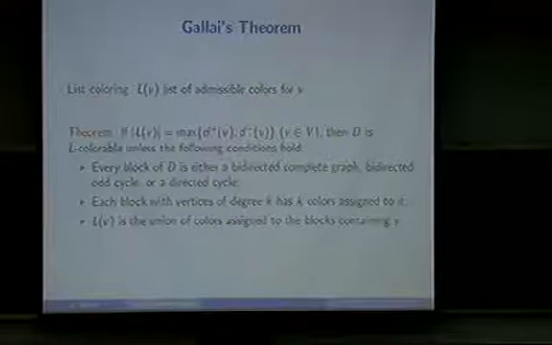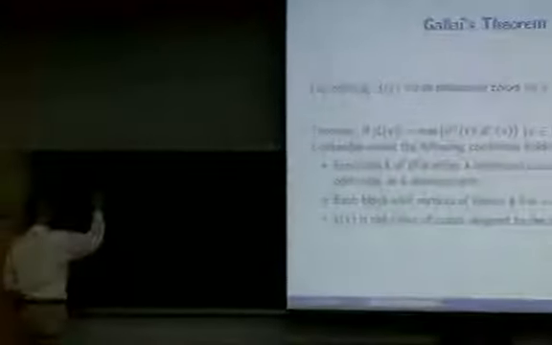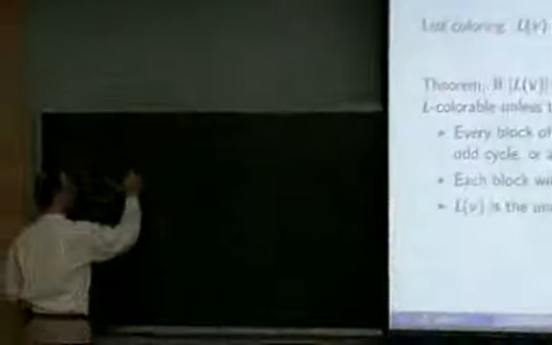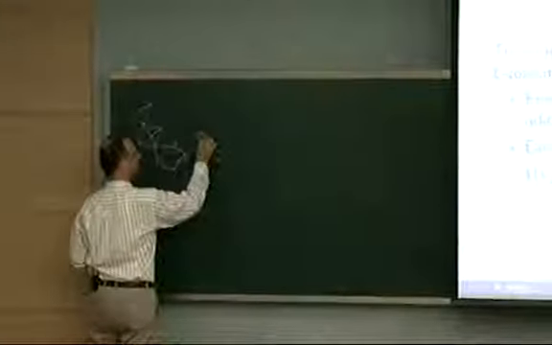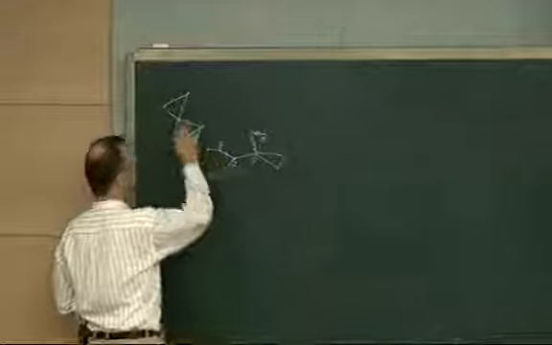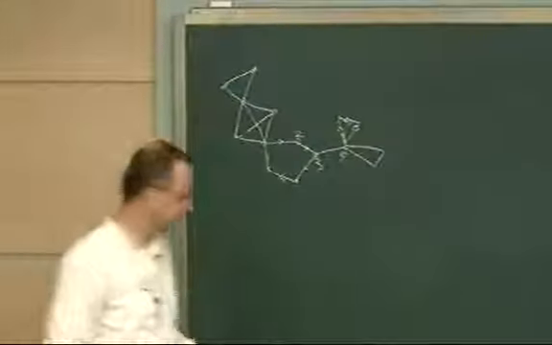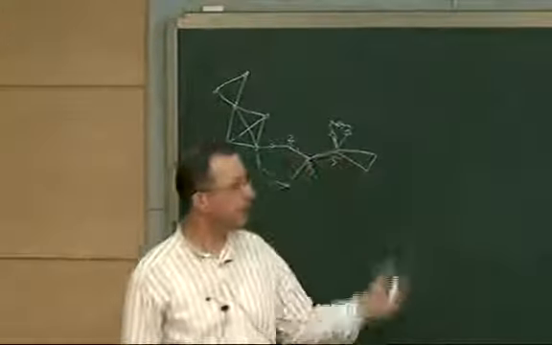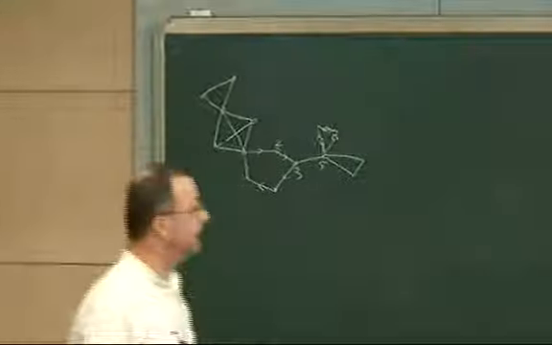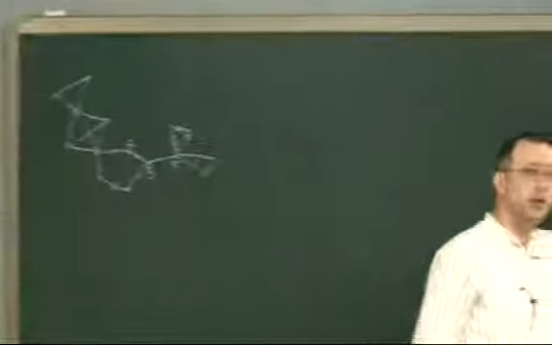So if you have digraphs, each block looks like a cycle or a bidirected cycle. Let me put it this way. Or a bidirected clique and so on. And moreover, you can say what the colors look like on these classes.